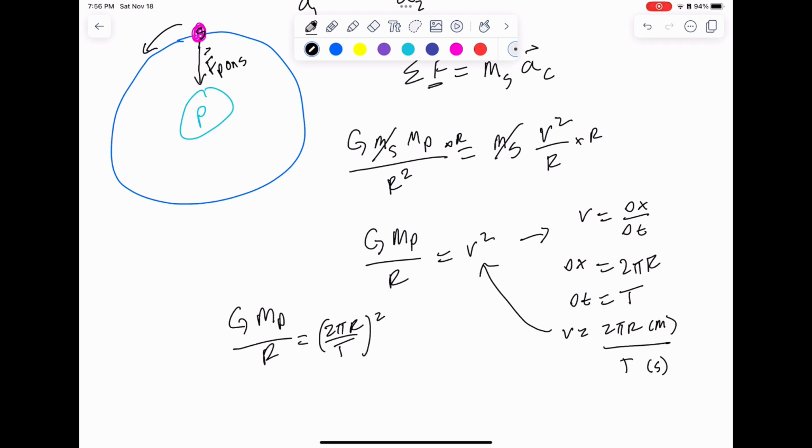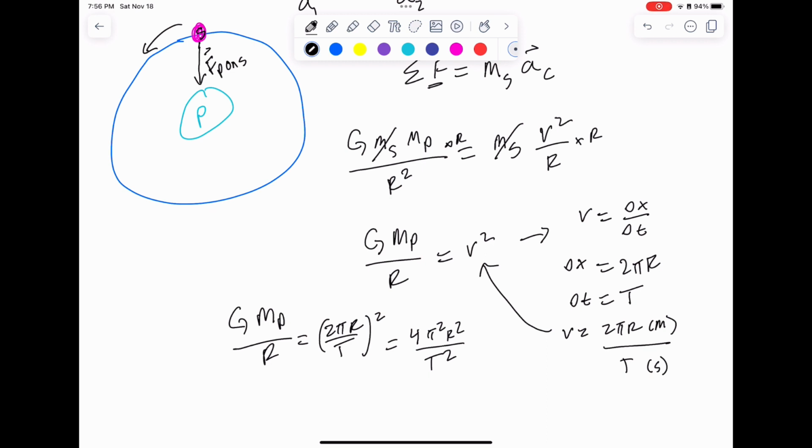Now if we square this, we get 4 pi squared r squared over period squared. Now we can rearrange this so that we get a relationship that shows that period and r are proportional.